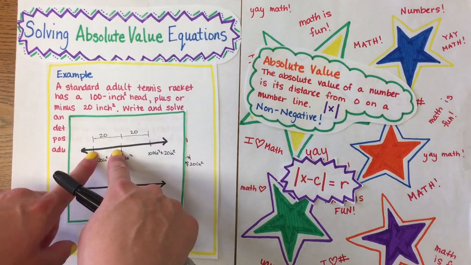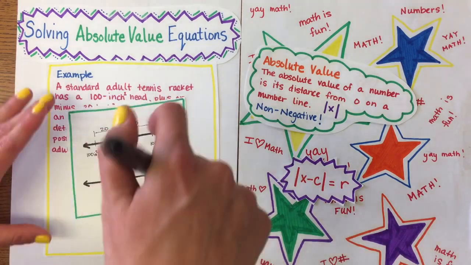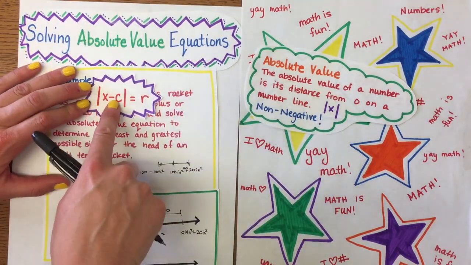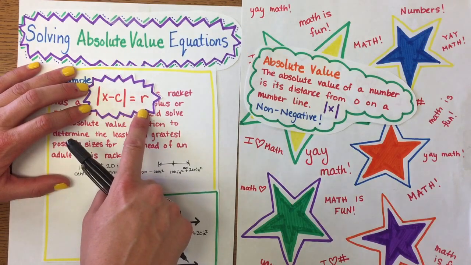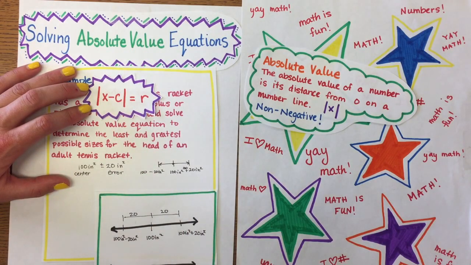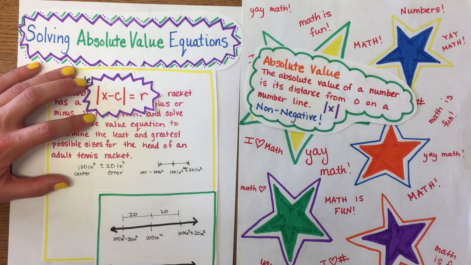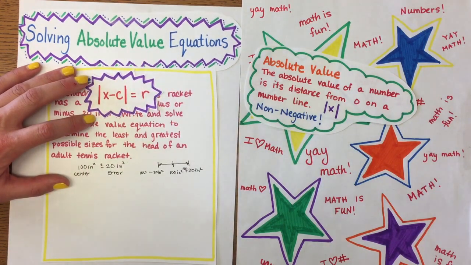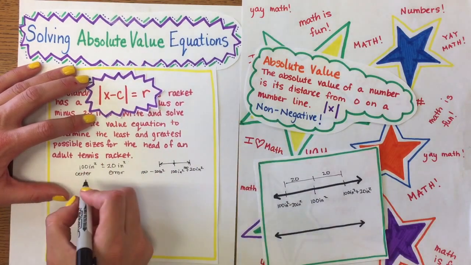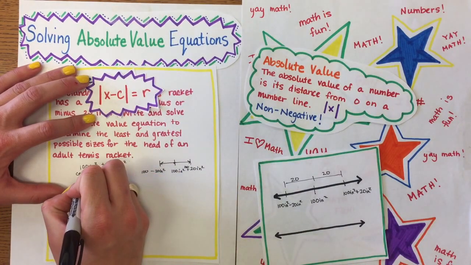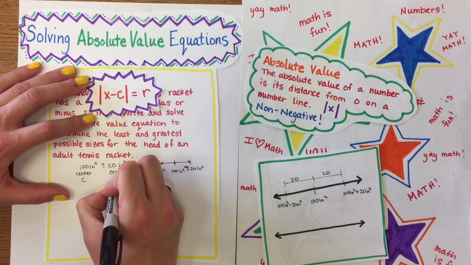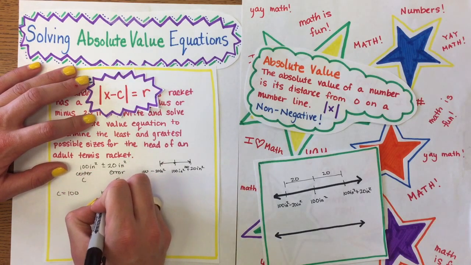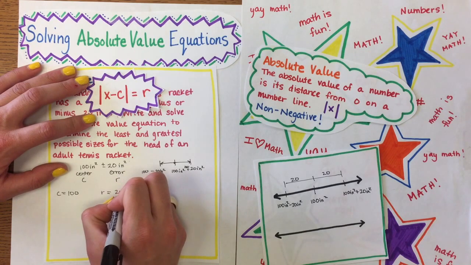The absolute value of this difference is 20. The absolute value of a difference is something, and that's what we want to look at. So my center I'm going to write as C and my error is R. So my center here is 100 and my error is 20.